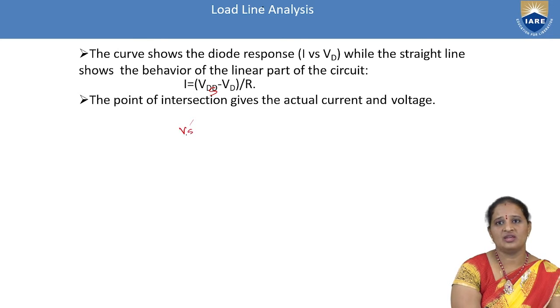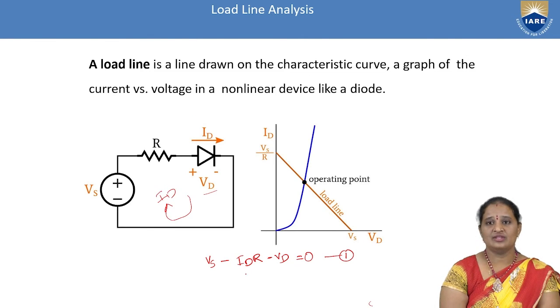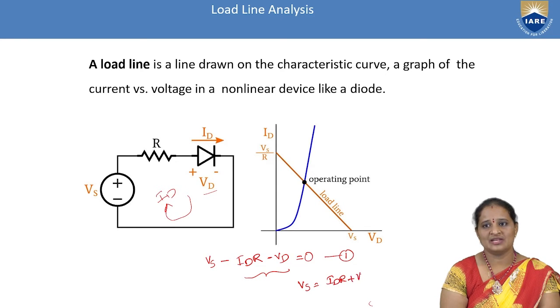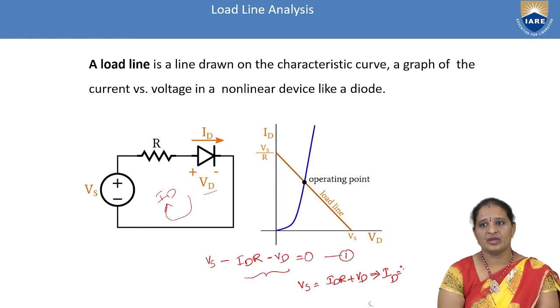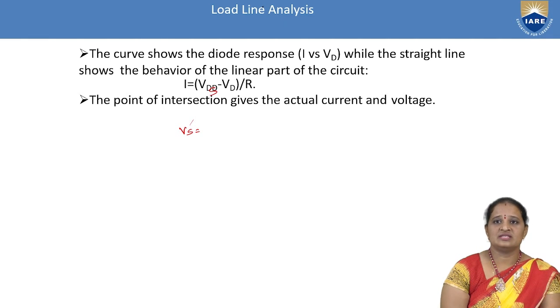If I take these two terms to the other side of the equal sign, I get Vs equals Id into R plus Vd, and from this equation I can also write the equation for current Id, that is equal to Vs minus Vd divided by R, or RL. So this is the current equation.